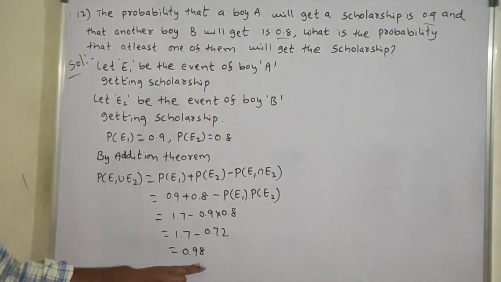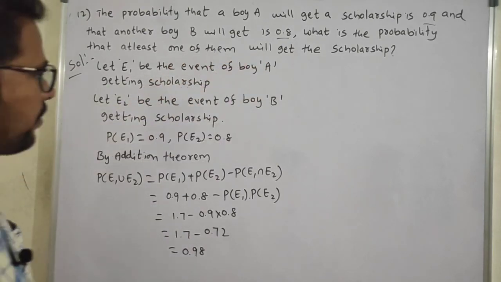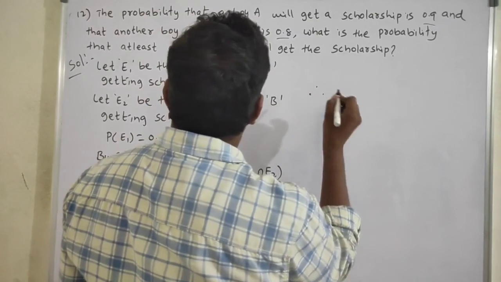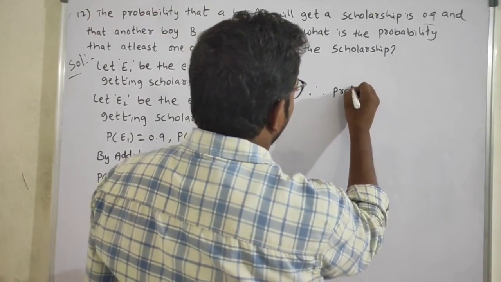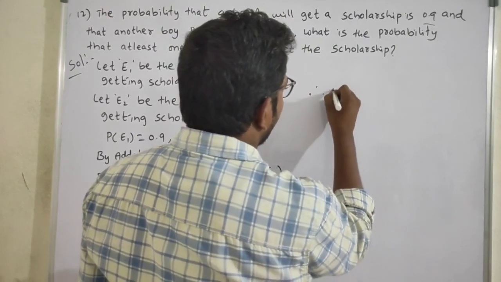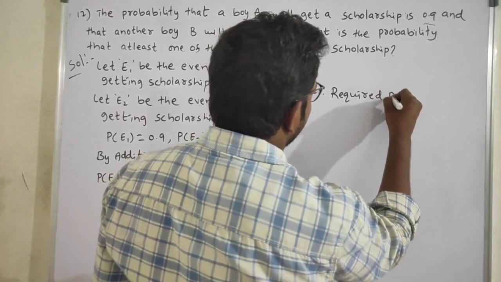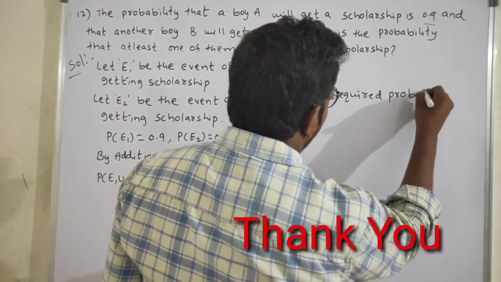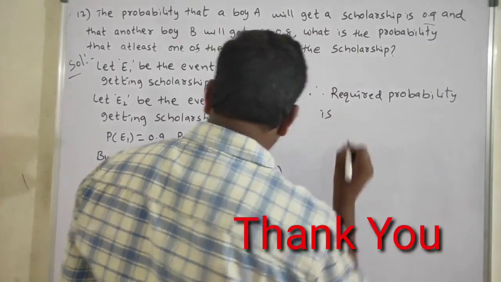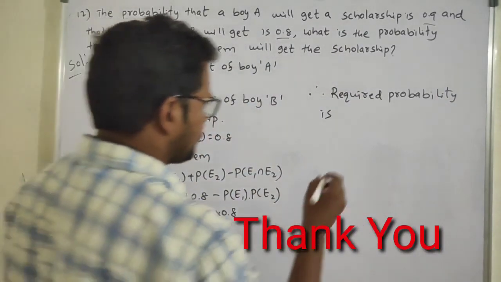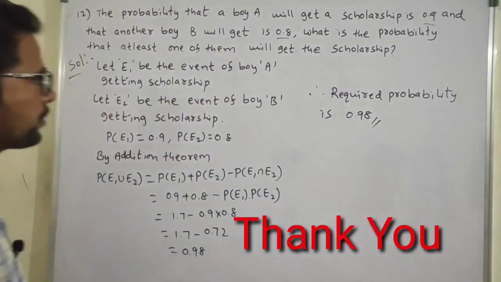This is the probability of at least one of them getting the scholarship. Therefore the required probability is 0.98. This is the solution of the 12th question.